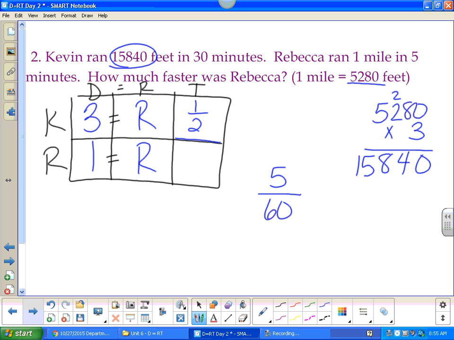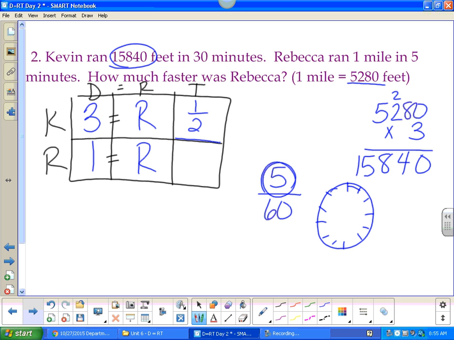Remember, you don't have a calculator, but you normally have a clock in your room. So look at a clock, not a digital clock, but look at a regular clock. How many 5-minute increments are on a clock?